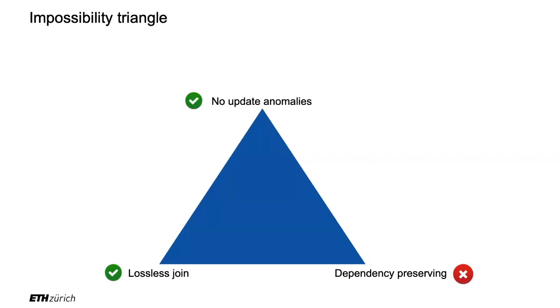What does it mean to not lose any data? It means that if you take the decomposed tables and join them back, you get back the original table. You store exactly the same data, whether before or after the decomposition.